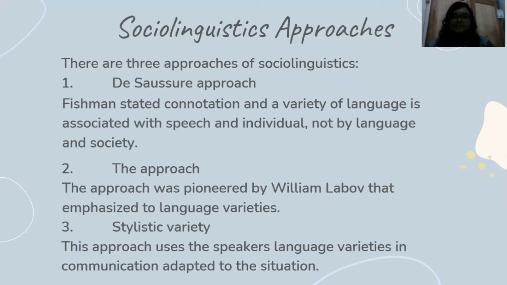Sociolinguistic approach. There are 3 approaches of sociolinguistics. First, the source approach. Fishman states that the connotation and variety of language is associated with a speech and individual, not by language and society.